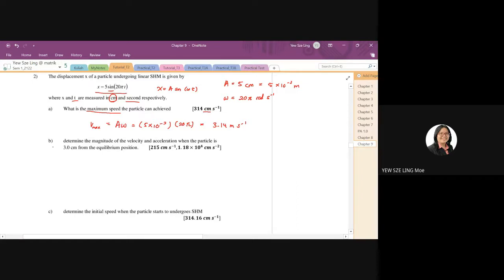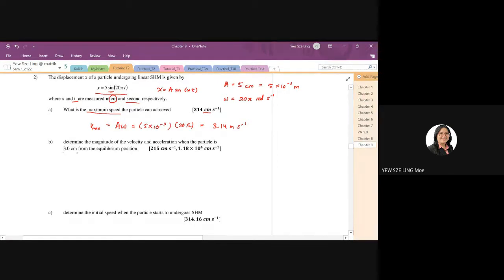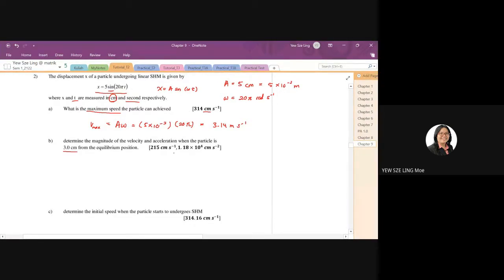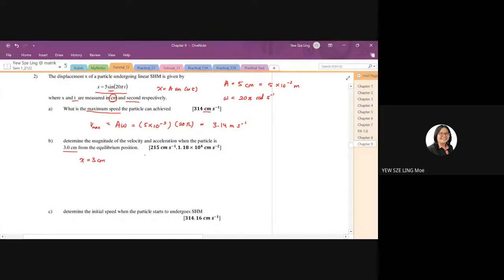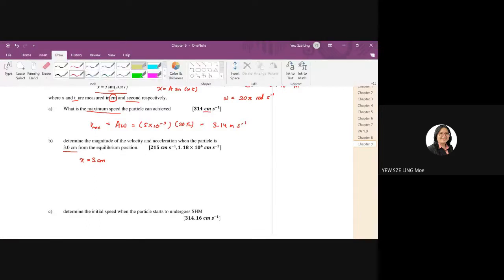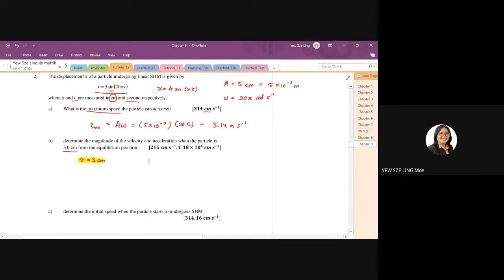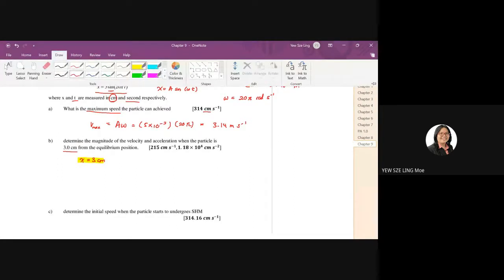And then question B. Determine the magnitudes of velocity and acceleration when the particle is 3 cm from the equilibrium position. How are you going to calculate it? You are given x equals 3 cm. If you are given x, you are going to use the equations with x.